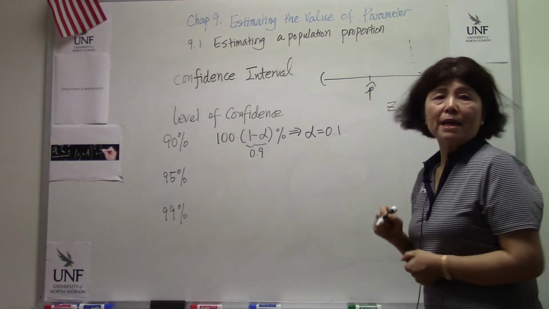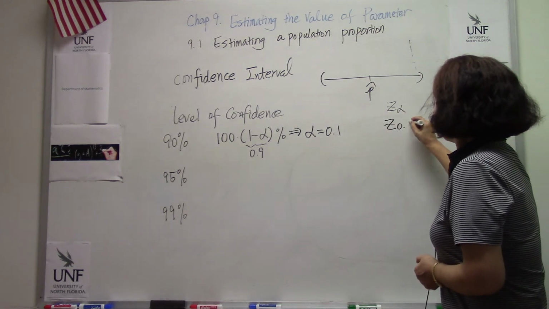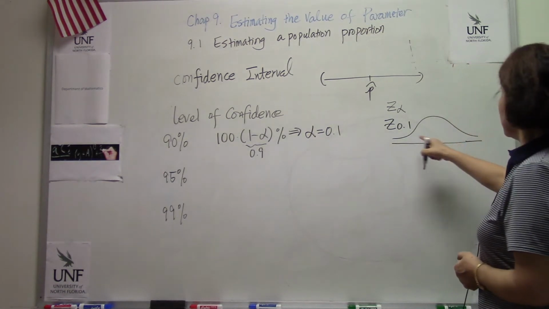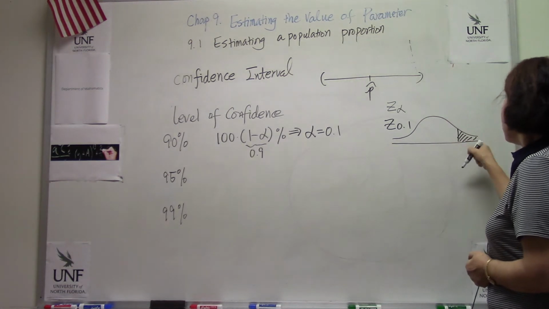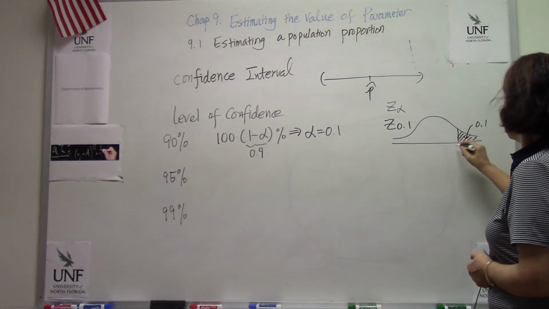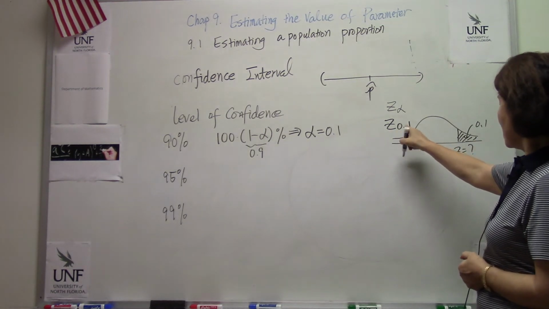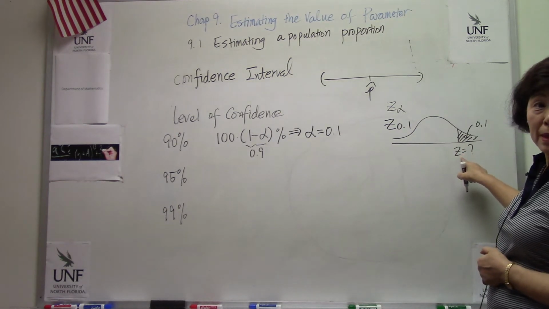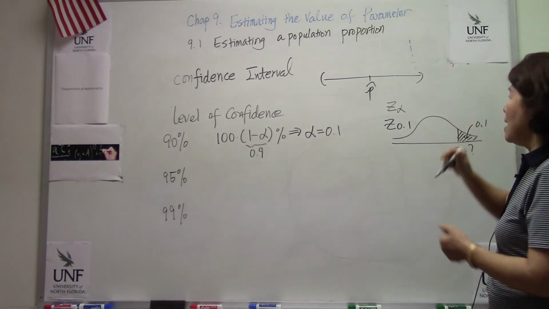For example, z sub 0.1 is the z value whose area to the right is 0.1.